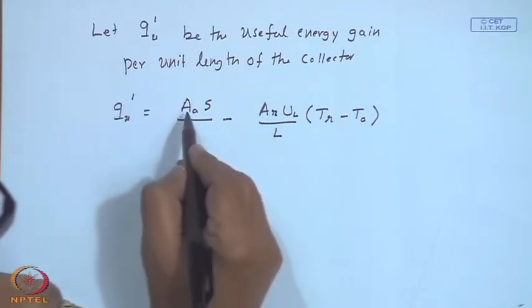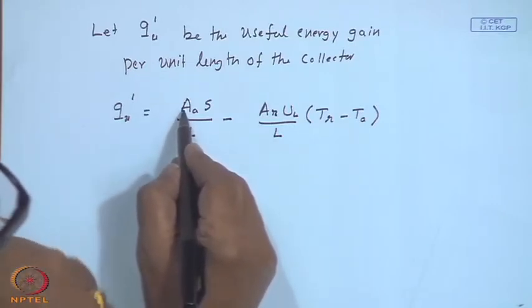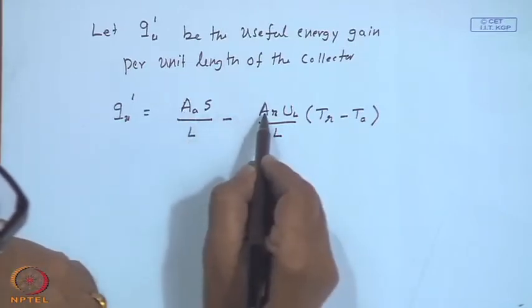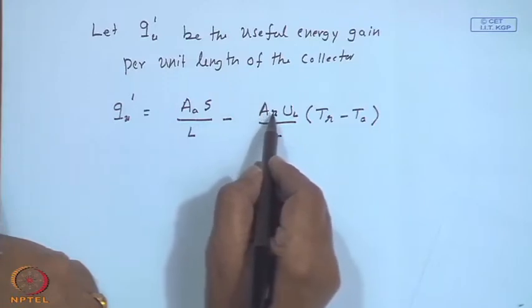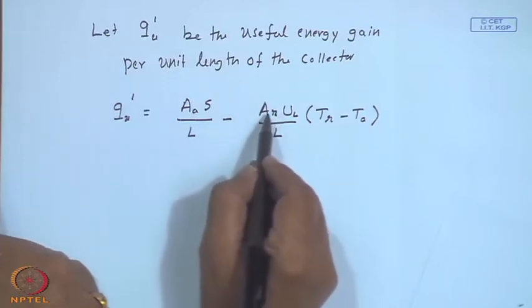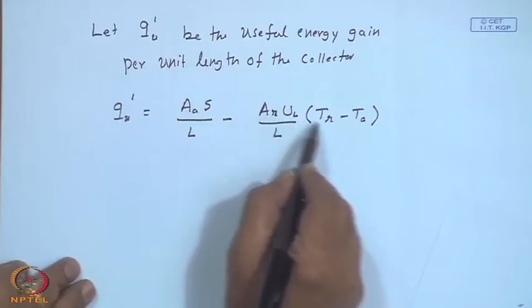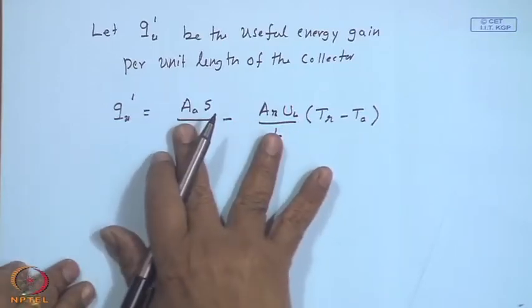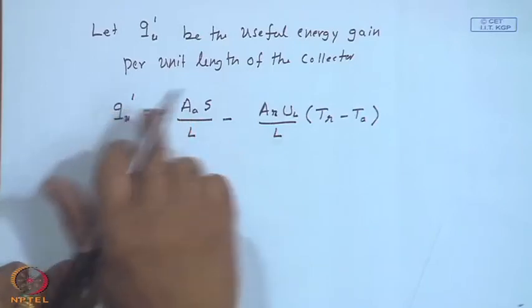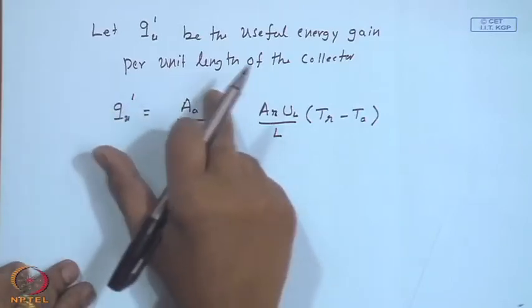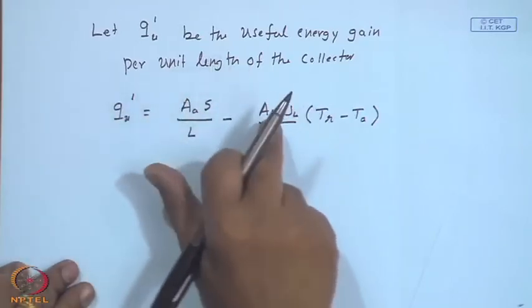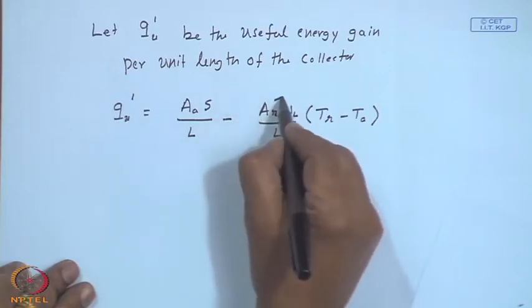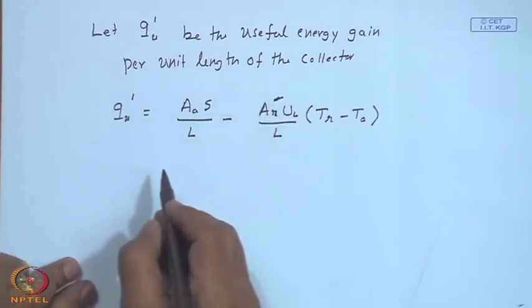So, A W will be there, into L will be there, or accordingly appropriately that is included in this. This is in fact, if L is not there, it would have been the total energy gain based upon the area, absorbed energy and the loss based upon the receiver area.